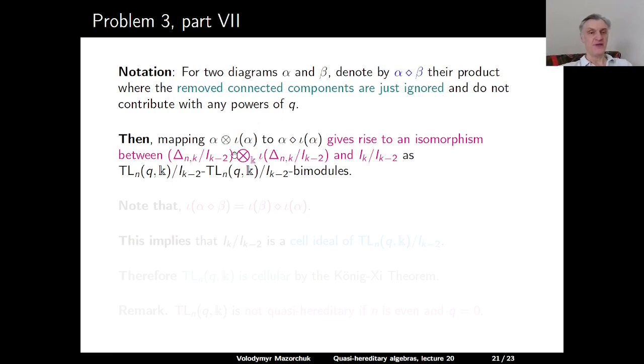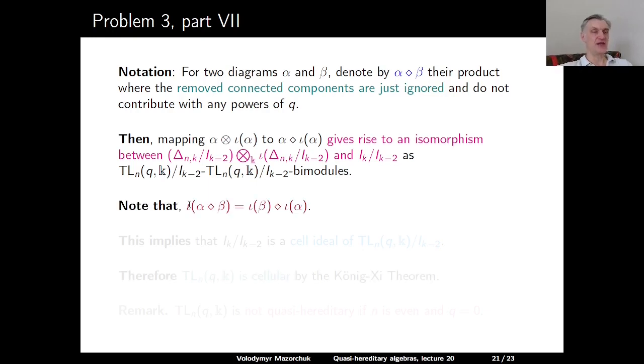Then, if we take alpha tensor iota of alpha and map it to alpha diamond iota of alpha, this gives rise to an isomorphism between the tensor product of our left ideal, tensor over k, its image under our involution iota, and the ideal I_k modulo I_{k-2}, and this is an isomorphism of bimodules over our quotient of the Temperley-Lieb algebra.